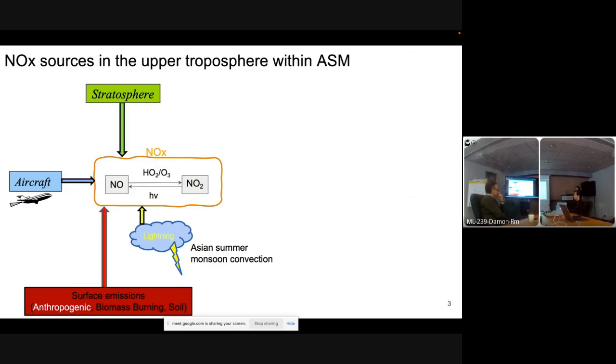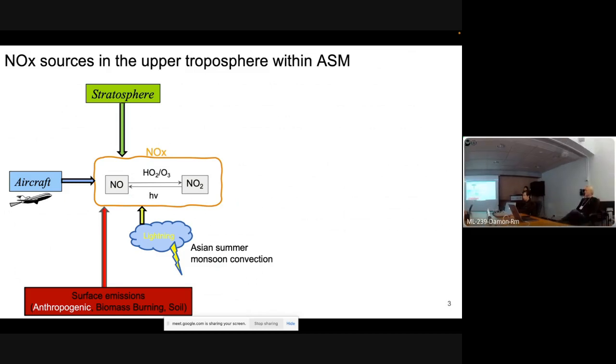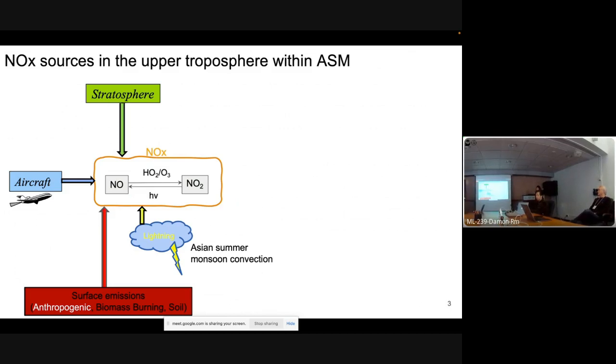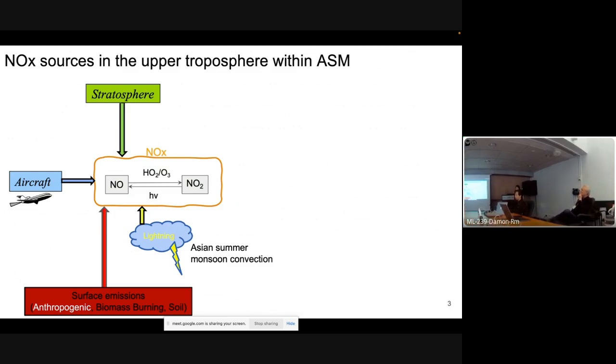So what could be the NOx sources in the upper troposphere within the monsoon region? First, we would have the surface emissions, including anthropogenic, biomass burning, and soil. Among them, anthropogenic is the biggest factor. Lightning can also produce NOx associated with deep convection, and we also have aircraft NOx emission.